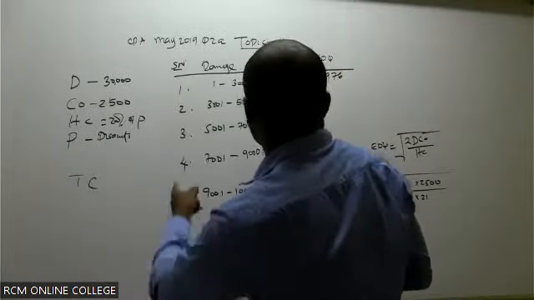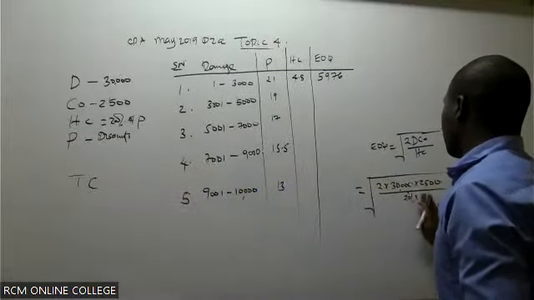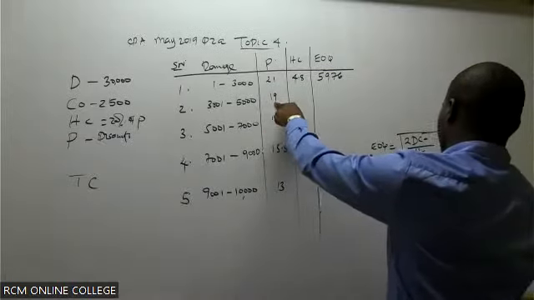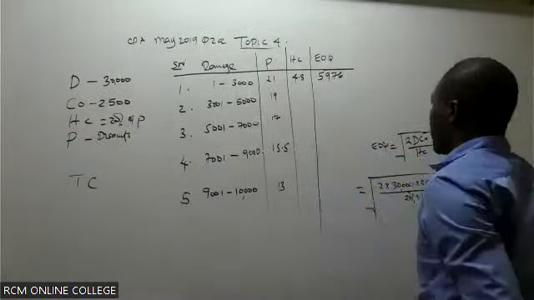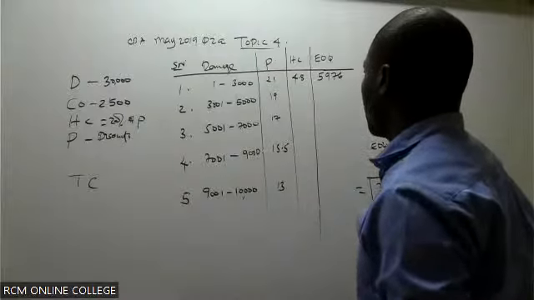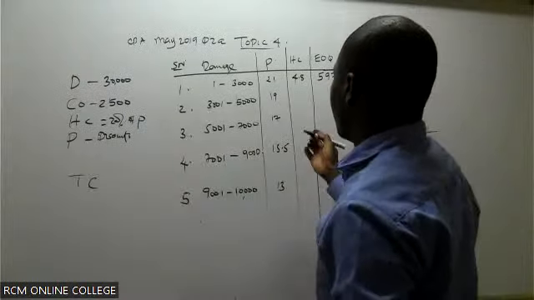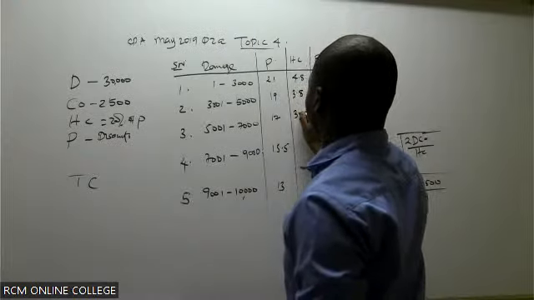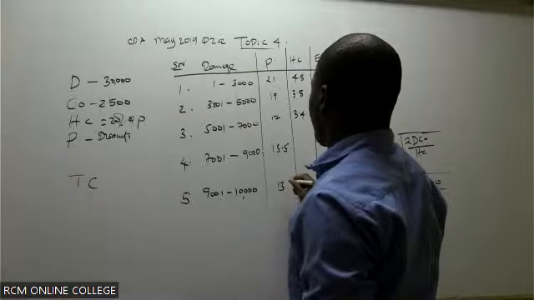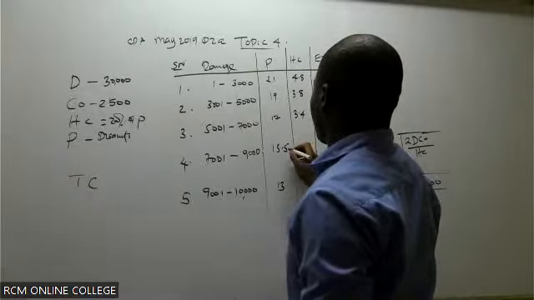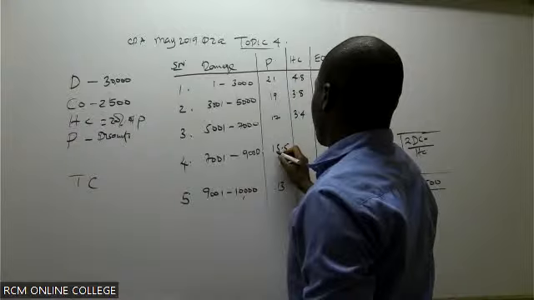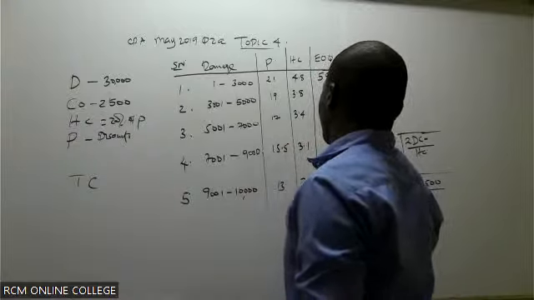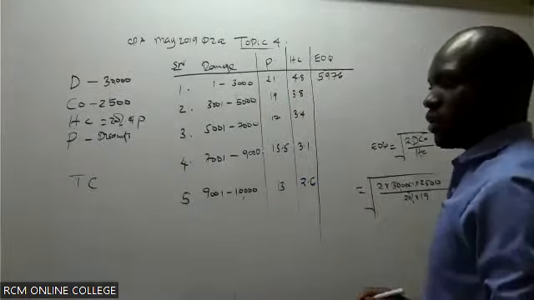Good. How about the second one? So I just come here and replace it with 19. So 0.2 by 19. Are you getting 3.8? Please confirm to me.